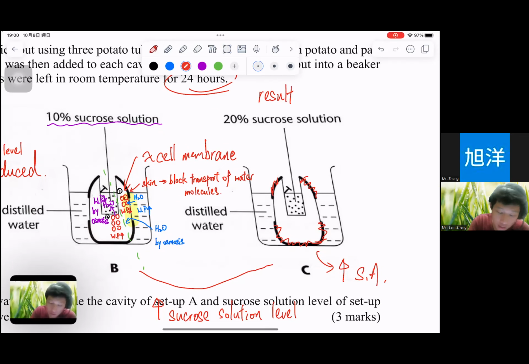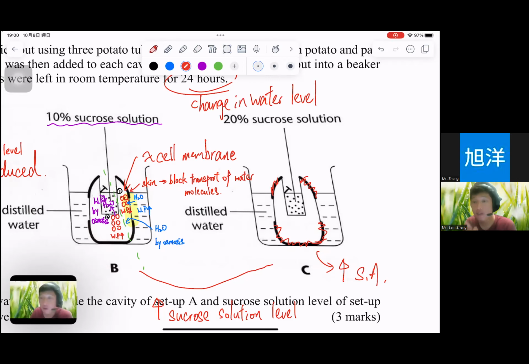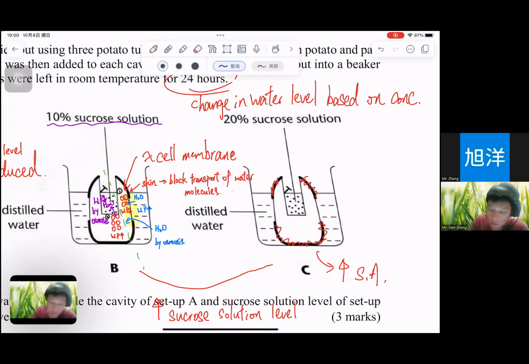If you still remember the result, the change in the water level is in fact based on the concentration difference, or sorry, the water potential.